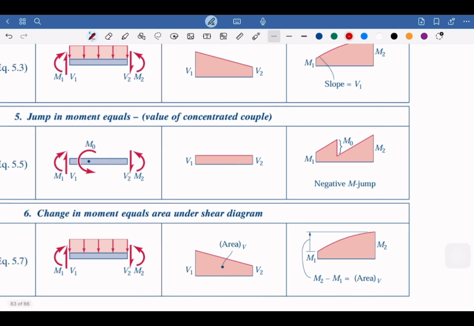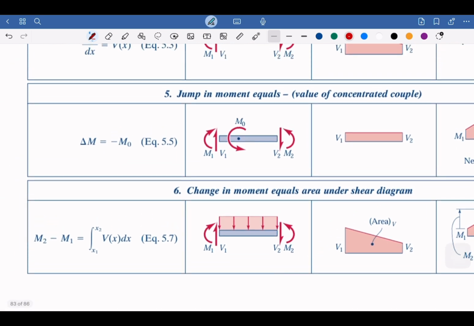And then the last one is, if we have a change in moment, it will equal the area under the shear diagram. This is the same as the previous one, which is the rectangular.